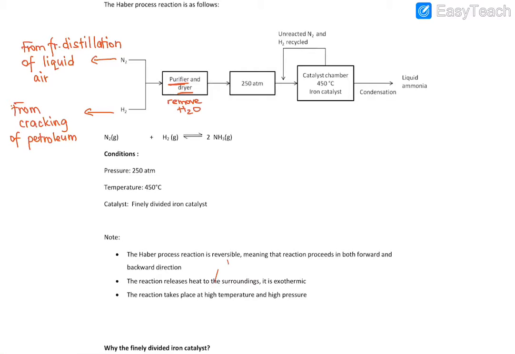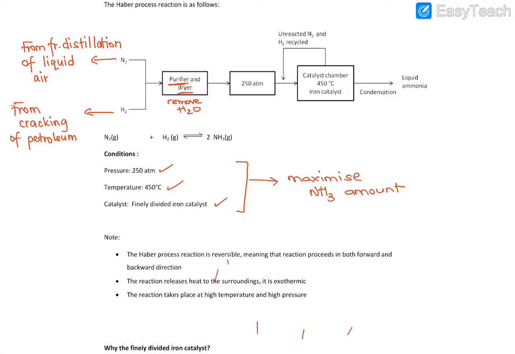And then we're going to use a pressure of 250 atmospheres, 450 degrees Celsius, and a finely divided iron catalyst. These conditions are used to maximize the amount of ammonia that we get, because it's a reversible reaction.